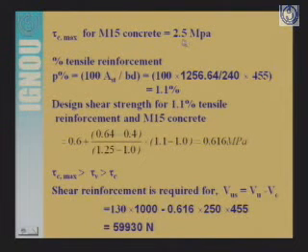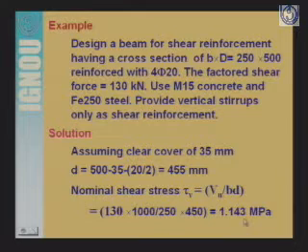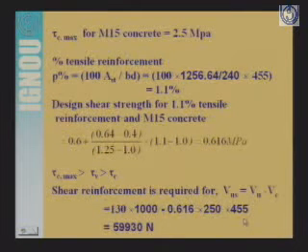So if we compare these two values, one thing is certain, that we need not redesign because tau v is less than tau c max. Now we have to compare tau v and tau c. tau c is 0.616 and tau v is 1.143. So here we find that tau v is greater than tau c.